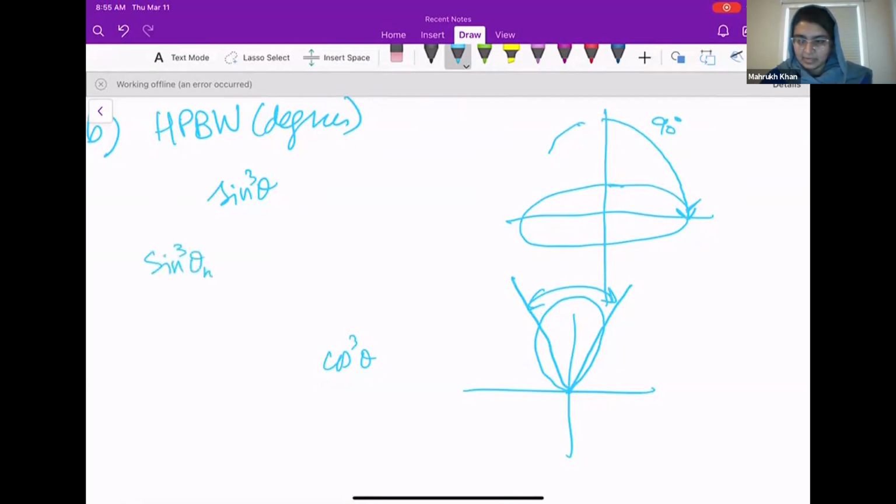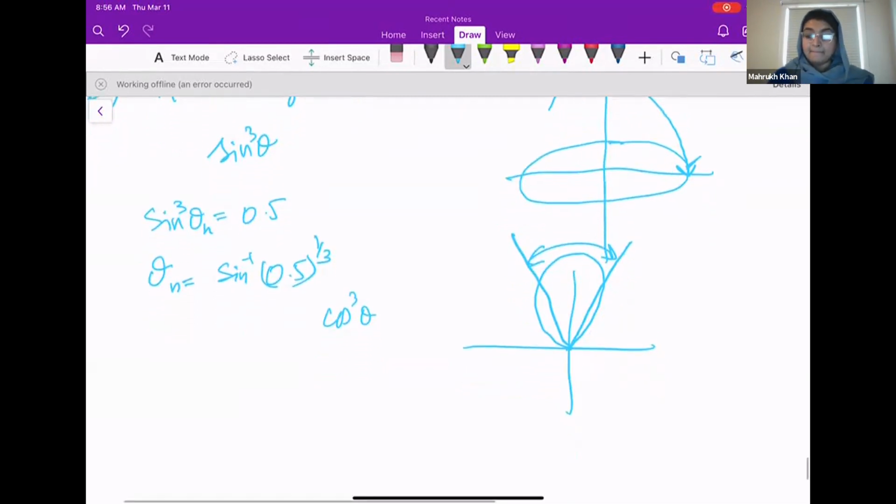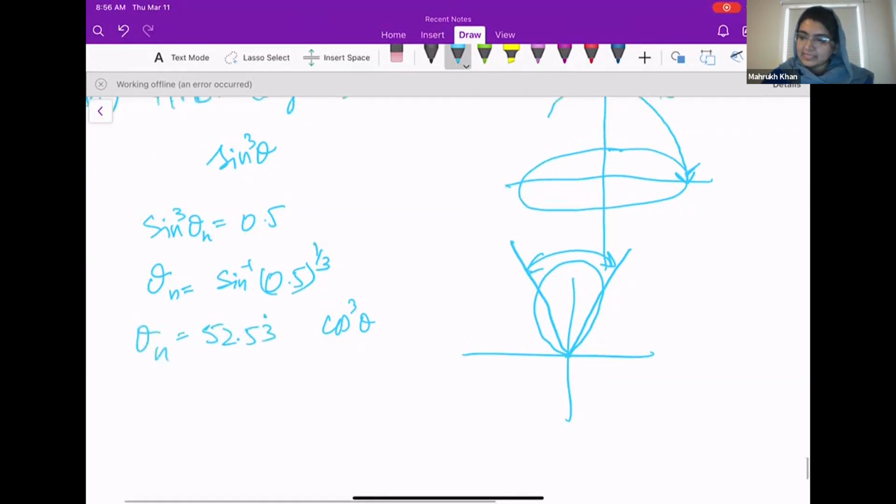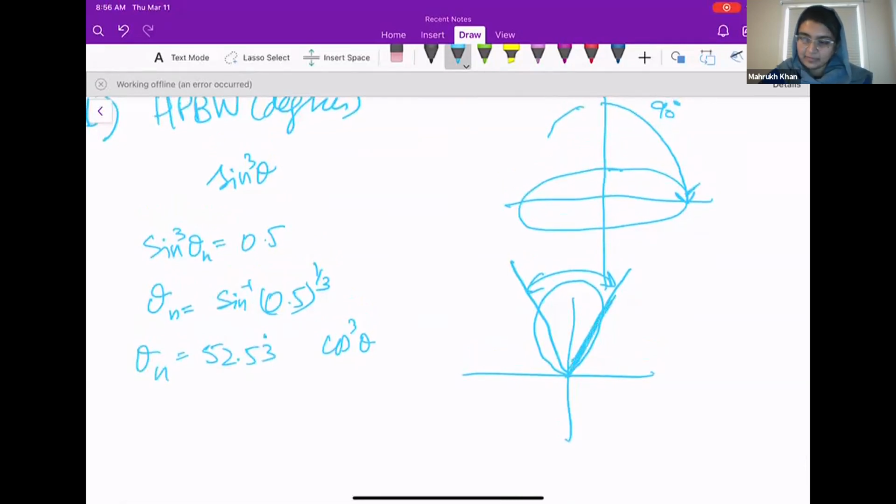You say sine cubed theta_h equals 0.5, so theta_h equals sine inverse of 0.5 to the power 1/3. But whatever comes, let's say in this case 52.53, that is measured as if theta equals 0 were the peak. So you have to subtract it: 90 degrees minus this value.